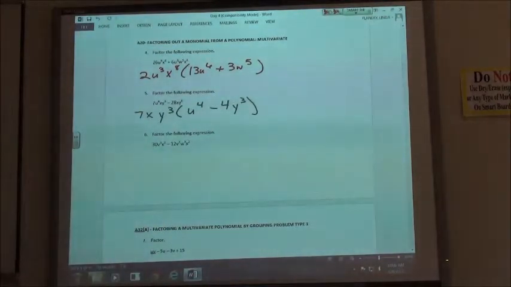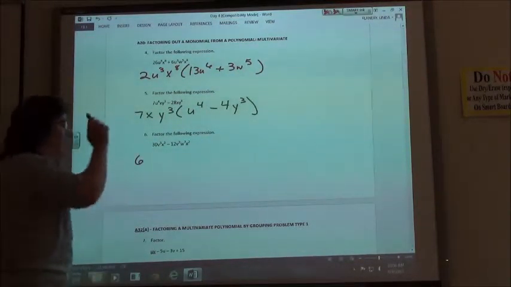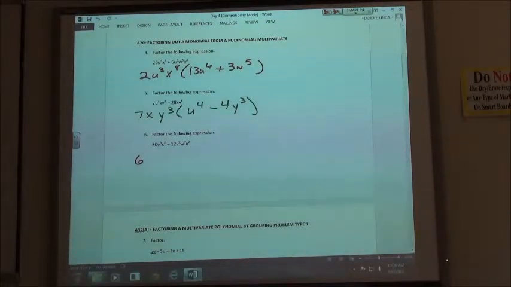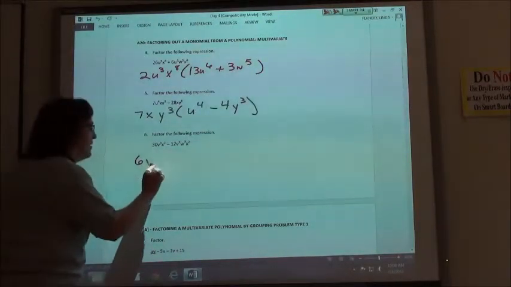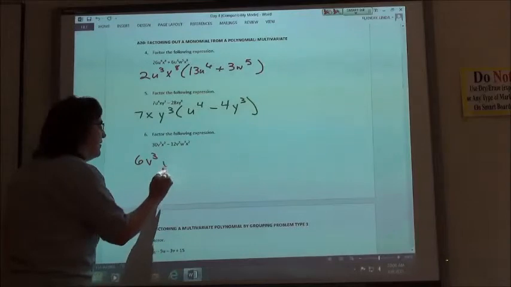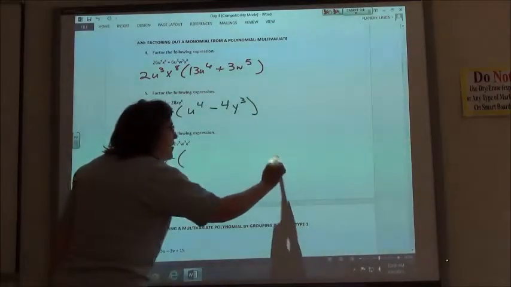And number 6, if I take out my greatest common factor there, my greatest common factor of 30 and 12 is 6. And then with my variables, I can take out the 3 to the 3rd and x squared.